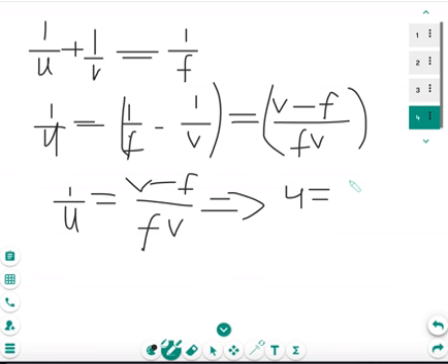Sorry, u. This implies u is equal to what? If you use the inverse approach, it's very straightforward.